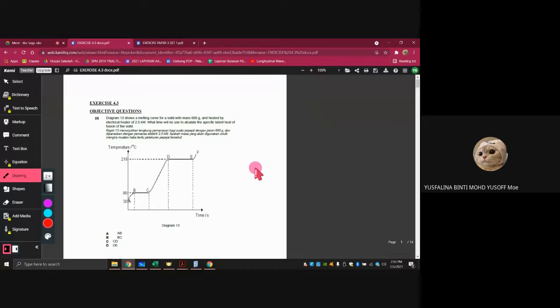Okay, so what is the meaning of the specific latent heat of fusion? Anyone want to try? Yeah, I know the answer is B. What is the meaning of the specific latent heat of fusion?